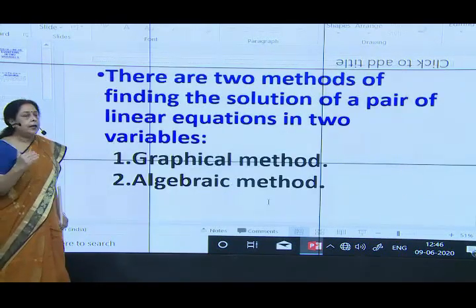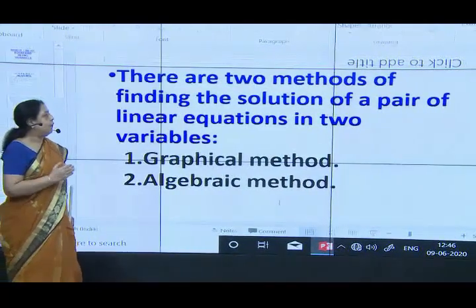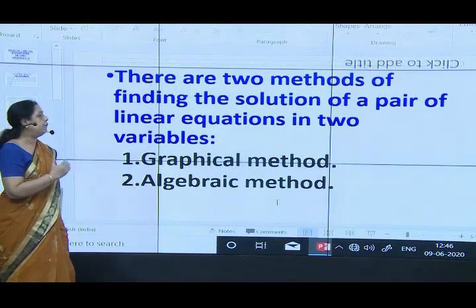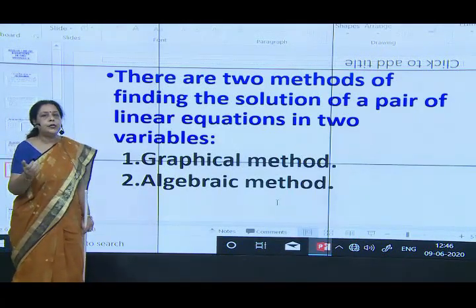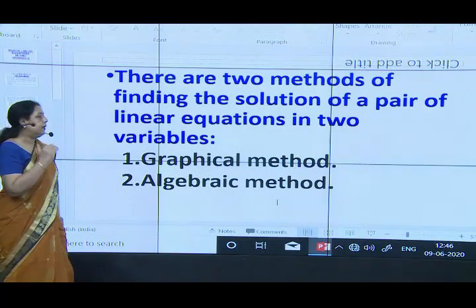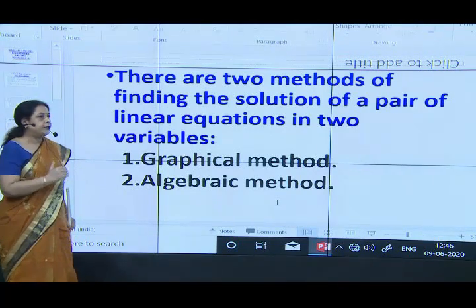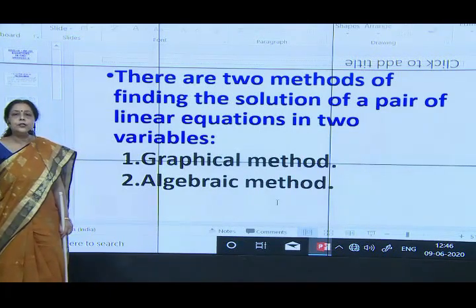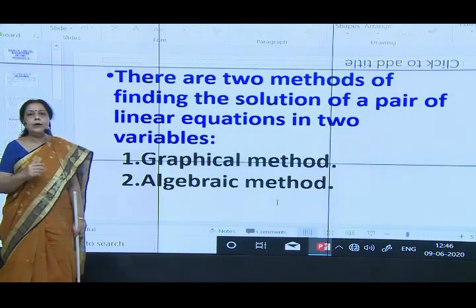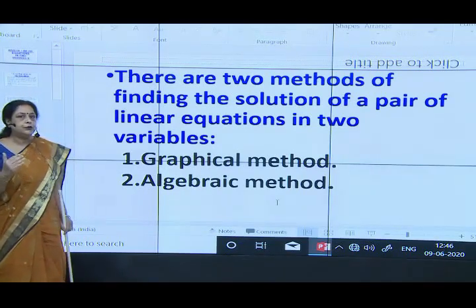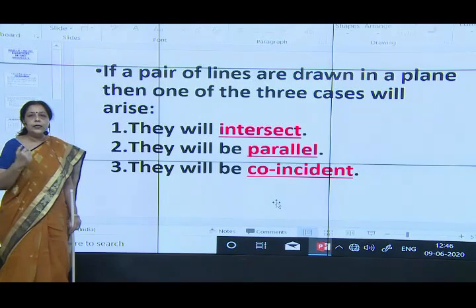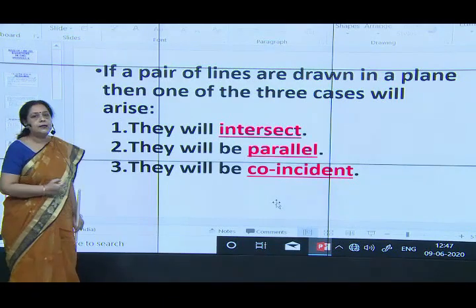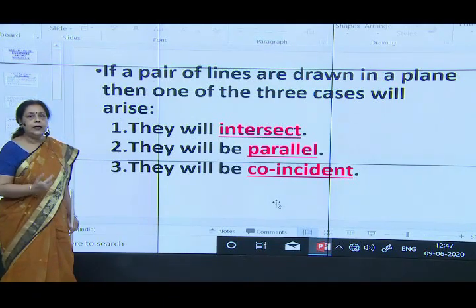Now, there are two methods of finding the solutions of a pair of linear equations. The methods are the graphical method and the algebraic method. Today I am going to discuss the graphical method of solution. As we know, a linear equation in two variables represents a straight line in a graph.